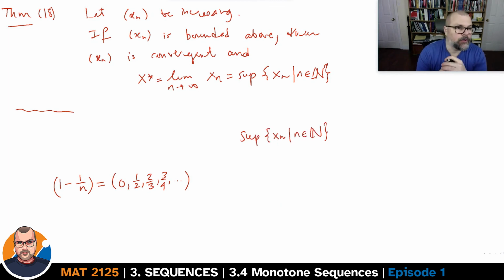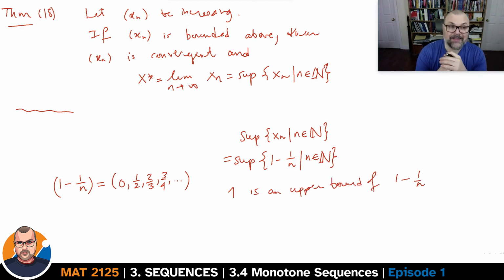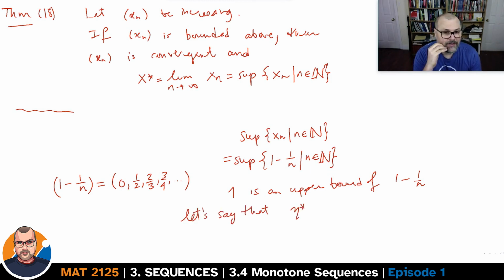For the supremum, you're looking for the smallest possible upper bound of the values of the sequence. I'm looking for the supremum of 1 minus 1 over n. We know, as we've seen before, that 1 is an upper bound of 1 minus 1 over n. Let's say that it isn't the smallest one. Let's call it, I don't know, eta star. Let's say that eta star is a smaller upper bound of all the values 1 minus 1 over n.